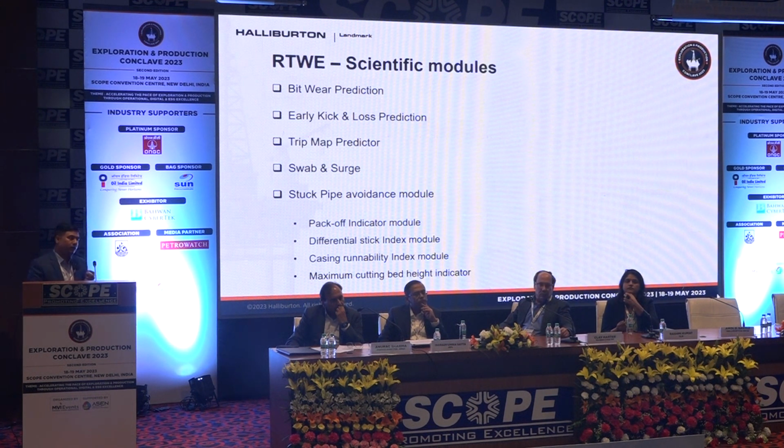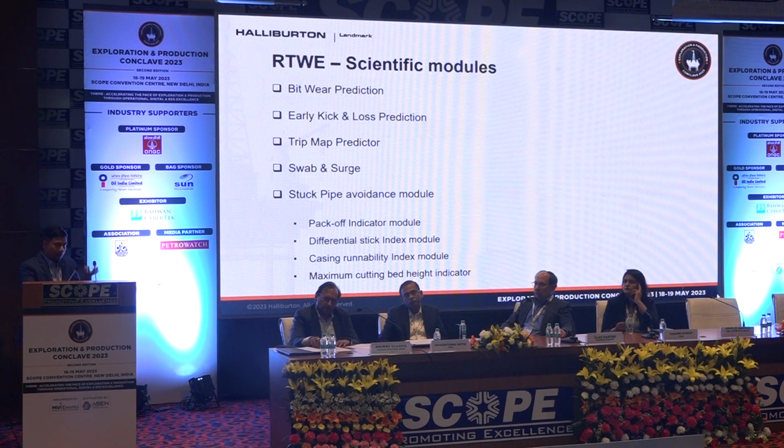Stuck pipe is a major challenge all over the world. We are facing a lot of problems with stuck pipe in any type of formation. It could be because of formation pressures, because of bad practices, or because of rig limitations or humans incapable of understanding the problems. So this model will assist in predicting stuck pipe.